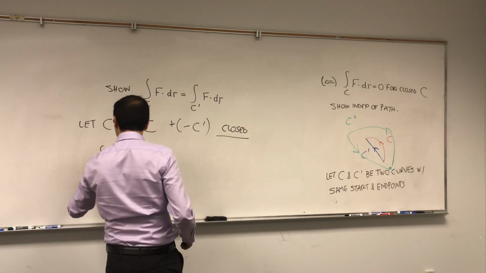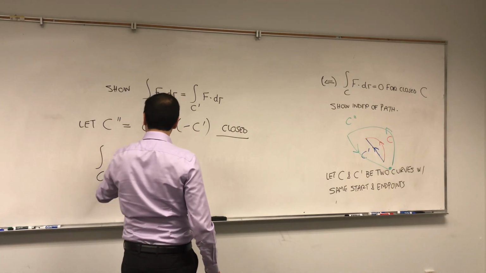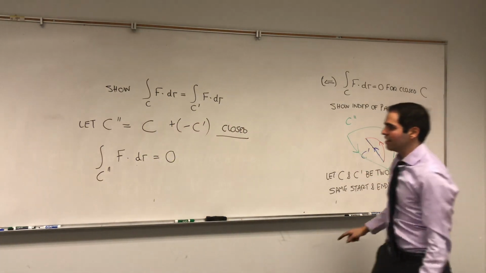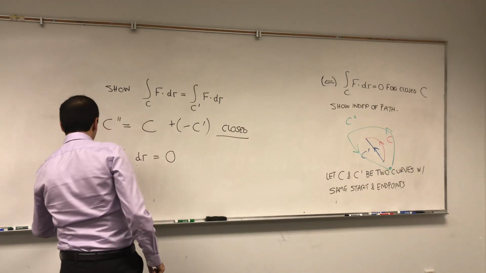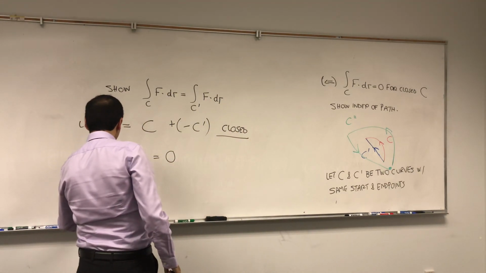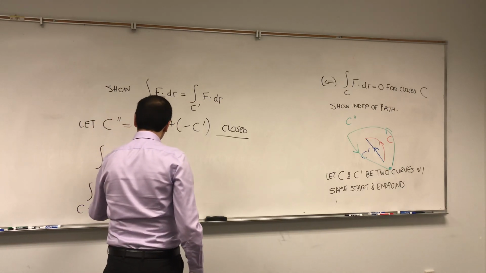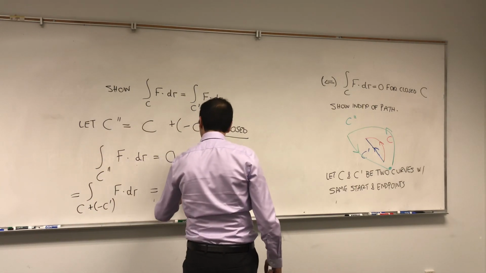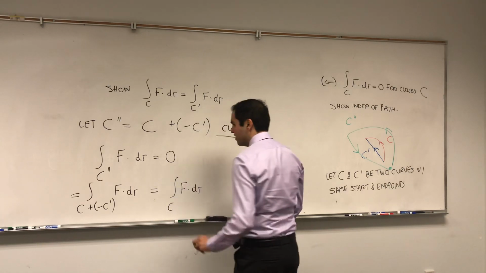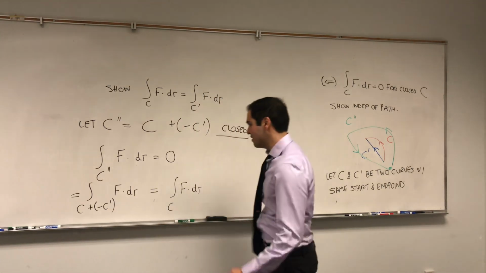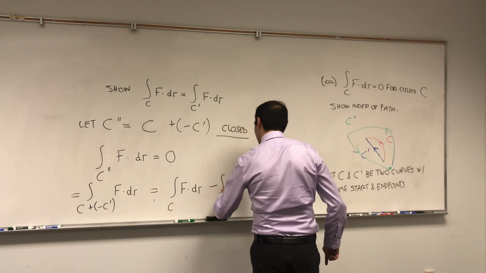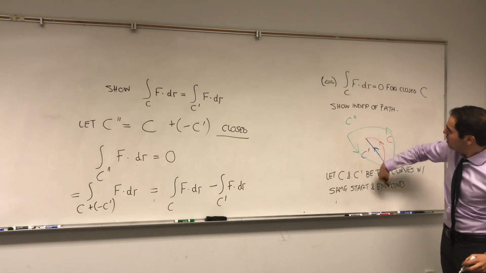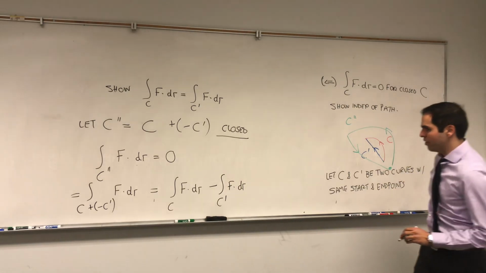So by assumption, the integral of f with respect to C double prime is 0, just using this fact. But then this is the integral of f dotted with dr over C followed by minus C prime. And if you break it down, it becomes the line integral of f dotted with dr over C, minus the line integral of f dotted with dr over C prime, because for C double prime you're reversing the orientation of C prime.